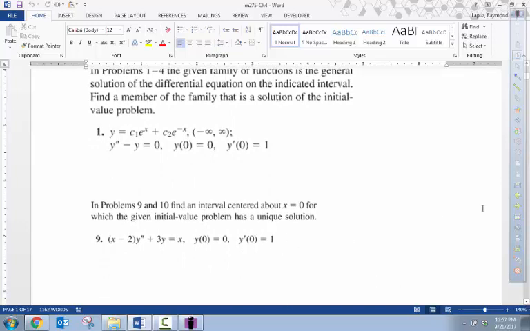So let's take a look at problem number 9. It says here, let's find an interval centered about 0 for which the given initial value problem has a unique solution based on what they say in that existence and uniqueness theorem.